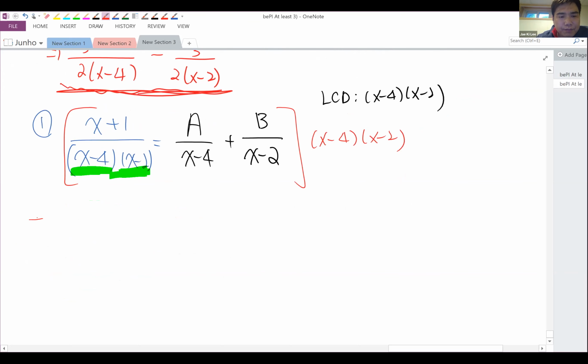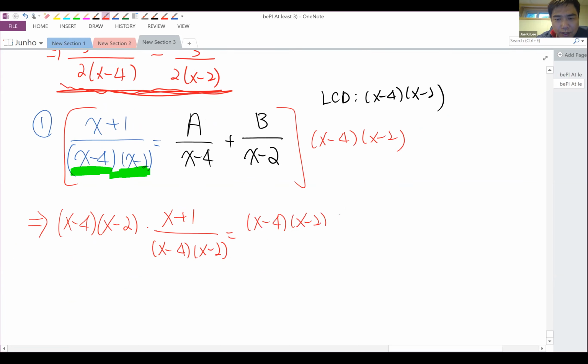Then we get (x minus 4)(x minus 2) times (x plus 1) over (x minus 4)(x minus 2) equal to (x minus 4)(x minus 2) times a over (x minus 4) plus (x minus 4)(x minus 2) times b over (x minus 2).